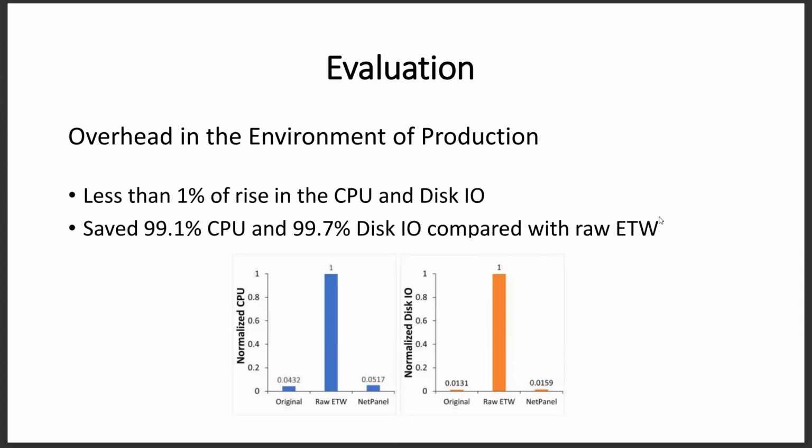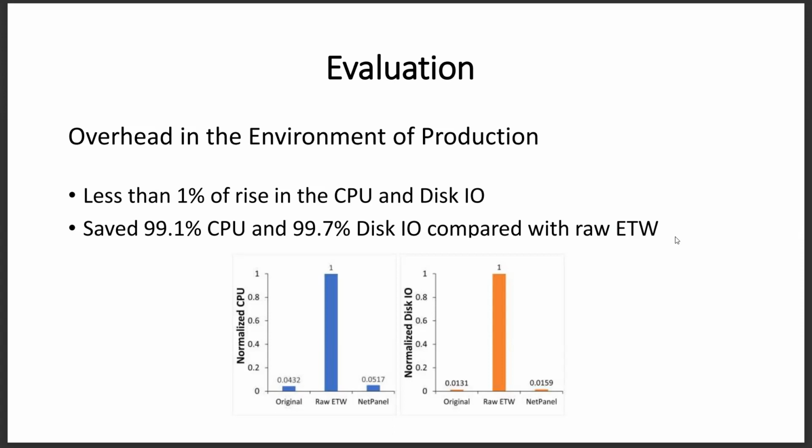When only essential services are running on the server, the CPU and disk input-output usage are relatively low. But when the raw ETW, that is, Event Tracing for Windows, is enabled to collect network data, it significantly increases the CPU and disk input-output consumption. In fact, it utilizes 25 times more CPU and 77 times more disk input-output when compared to ETW being disabled.